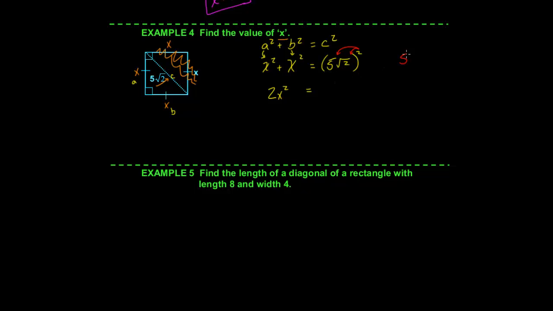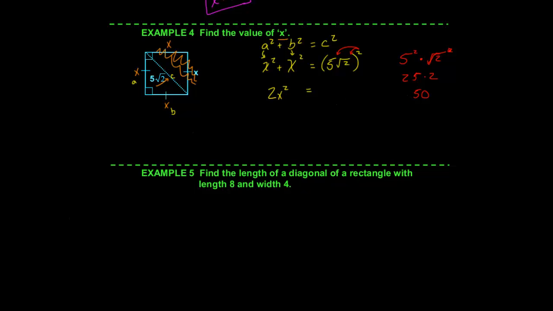So you have a 5 squared times the square root of 2 squared. So you have a 25 times, these get eliminated, 2. 25 times 2 gives us 50.